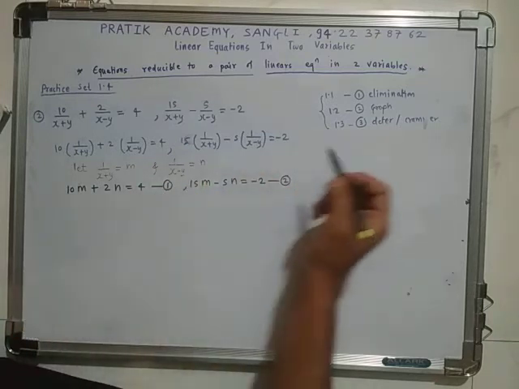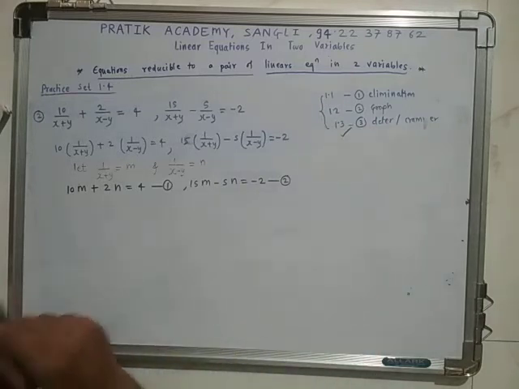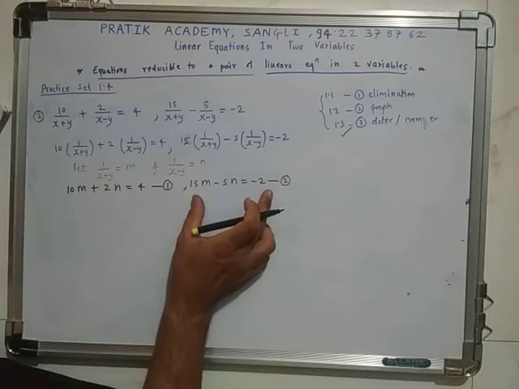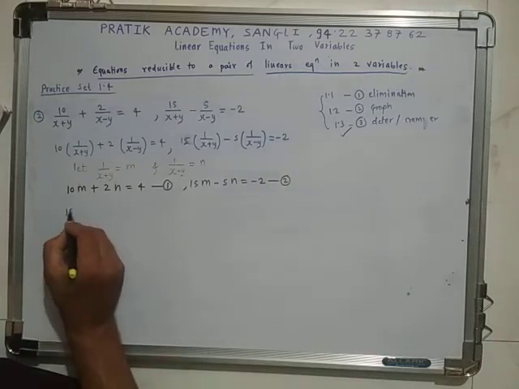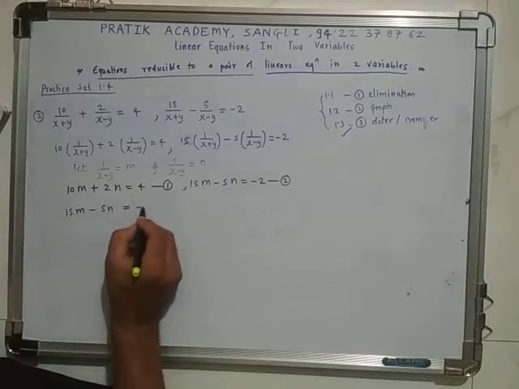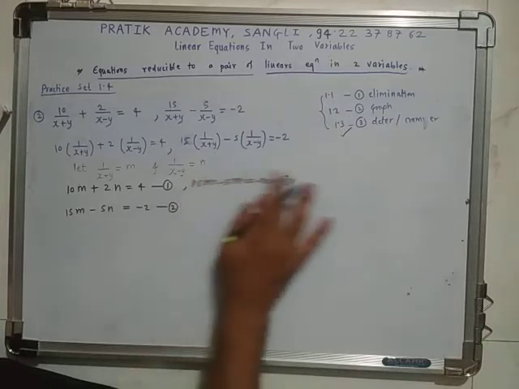Now we will solve this by our determinant method. You can choose any method. So for that purpose I will write this equation below this first for our simplification. So this is our equation 2. I will erase here.